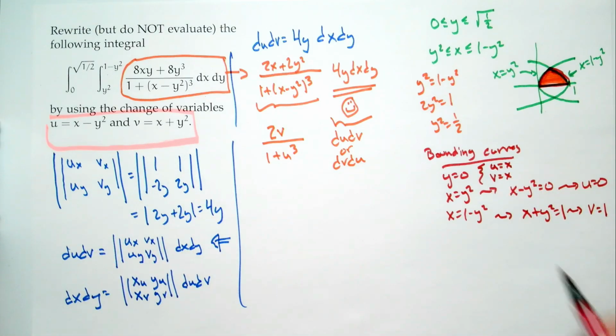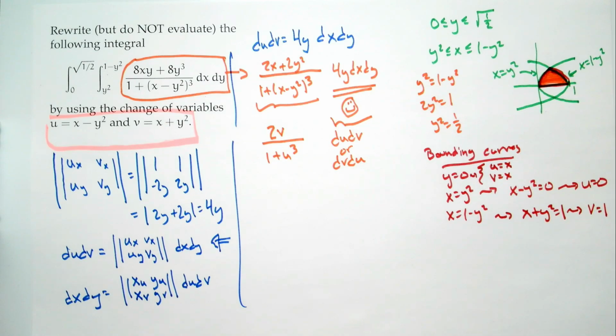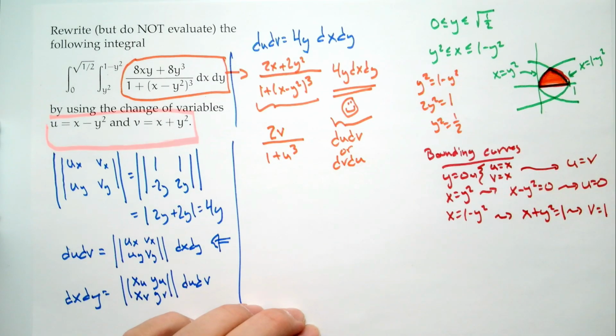So when y equals 0, u is x and v is x. Well, if u is x and v is x, what's true about u and v? They equal each other. And therefore, this last curve is u equals v. So those are my 3 curves which will bound my region when I translate this into the uv plane.